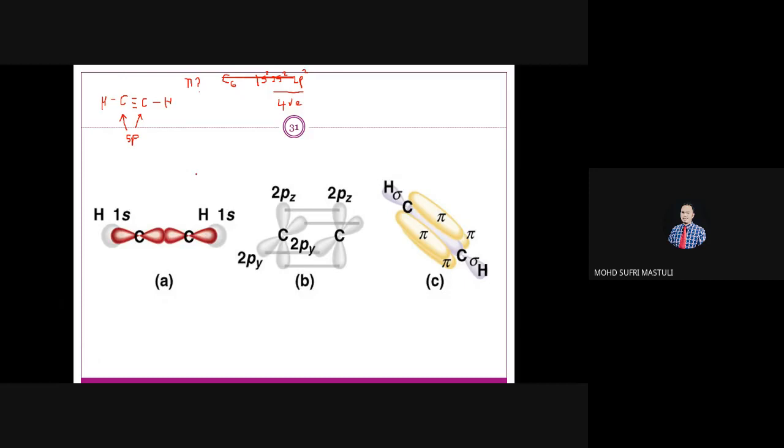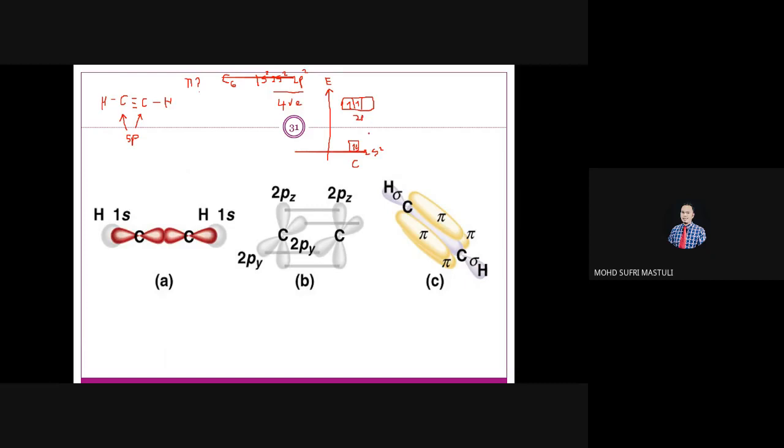If you want to draw the energy level to show the formation of hybridization, this is the energy axis E. So for the carbon, we know it is 2s2 and 2p2.